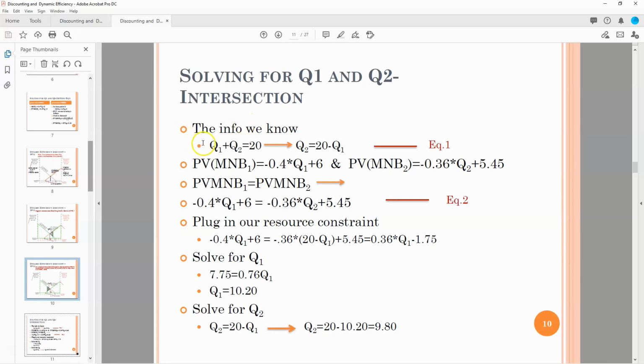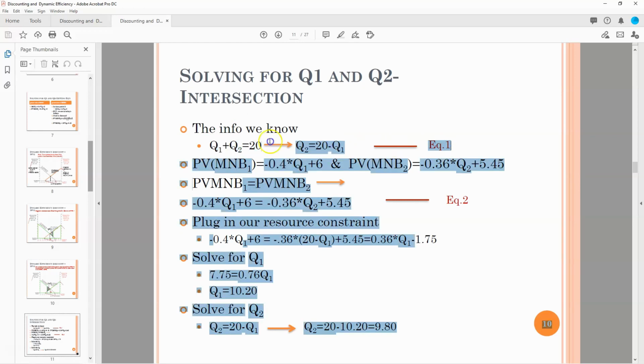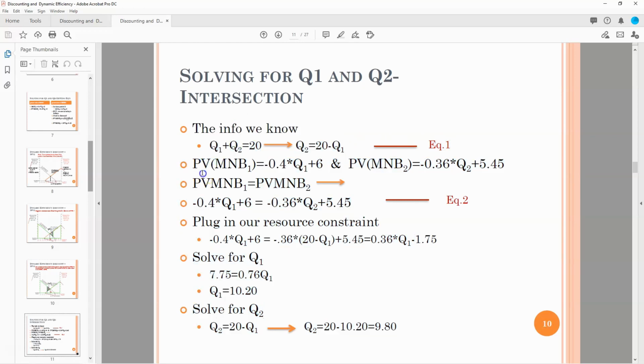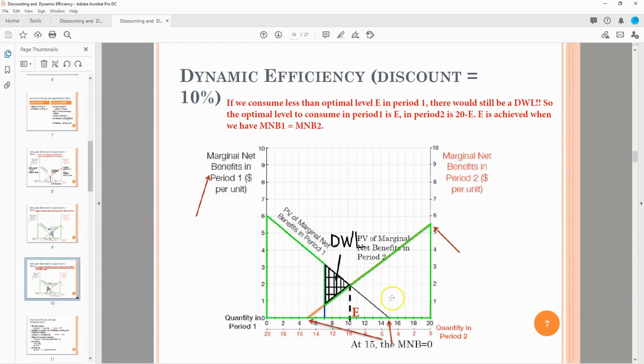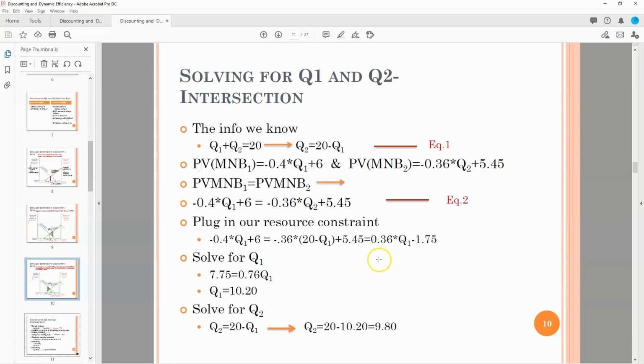That means Q1 plus Q2 is 20. So this one is our first condition. And then we know the efficiency level is achieved when we have the present value of marginal net benefit in period 1 equal to the present value of marginal net benefit in period 2.